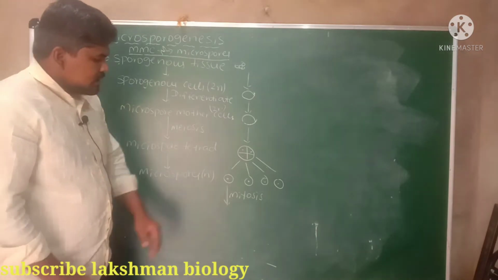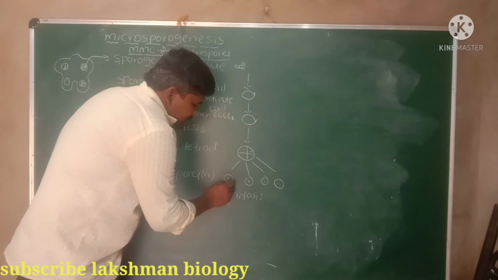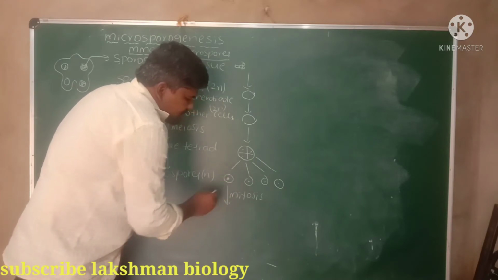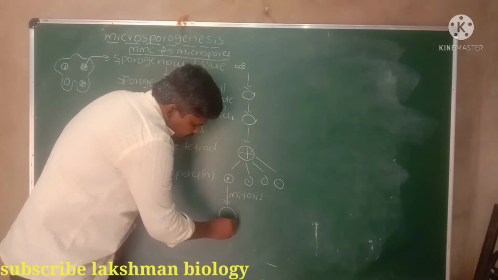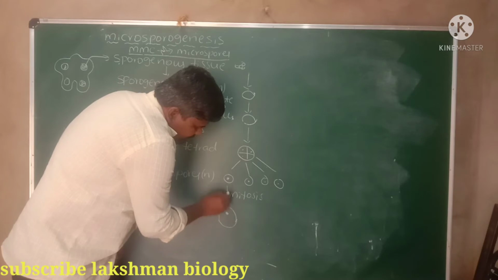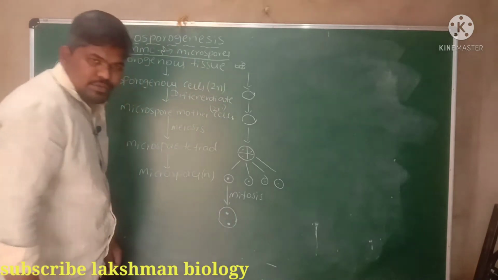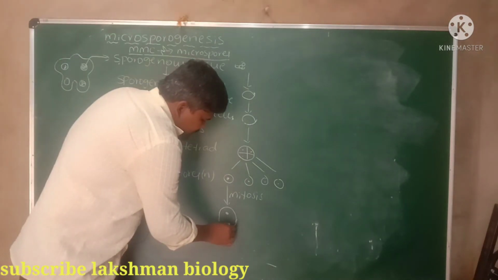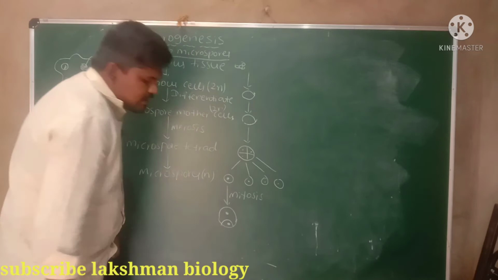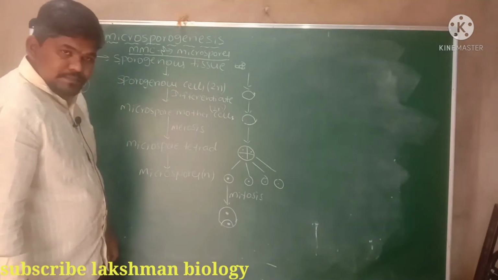See here, the nucleus of each microspore divides by mitosis and becomes two nuclei. Then there is formation of a cell wall surrounding the two nuclei.